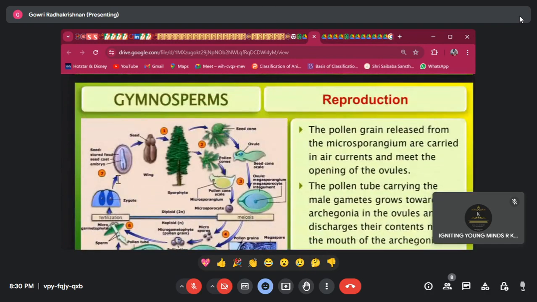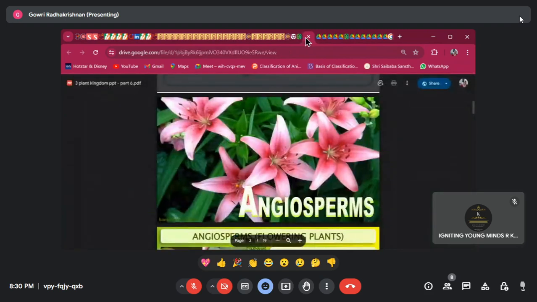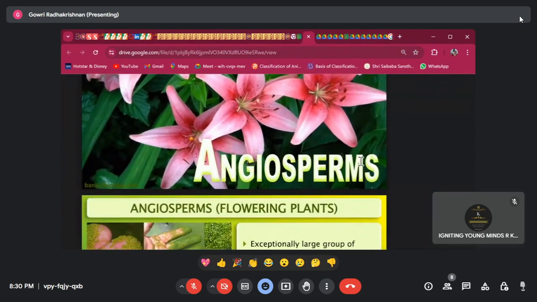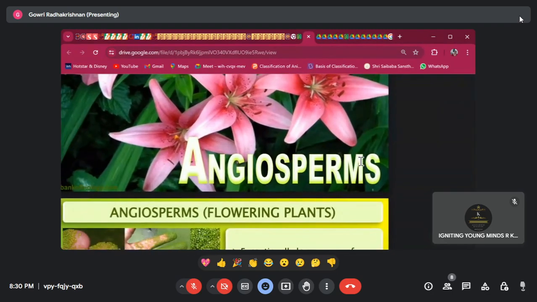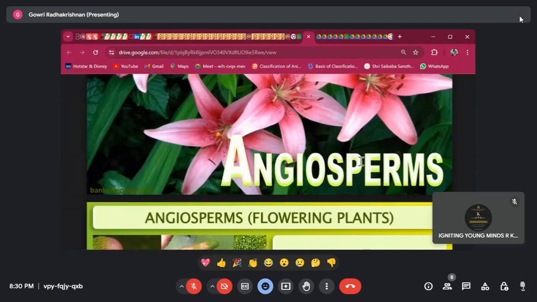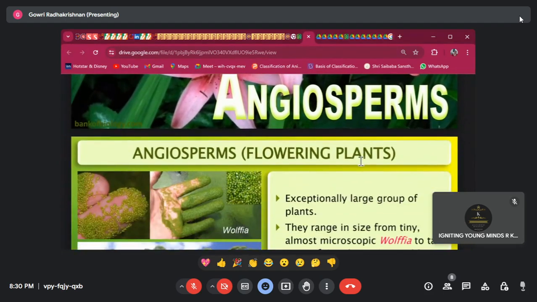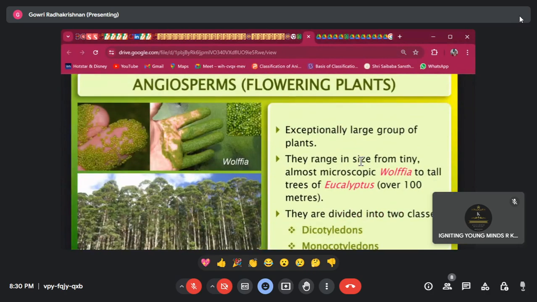So that's all about the gymnosperms. Now we come to the largest group of plants, that is the angiosperms. Angiosperms are basically flowering plants. That's an exceptionally large group of plants.